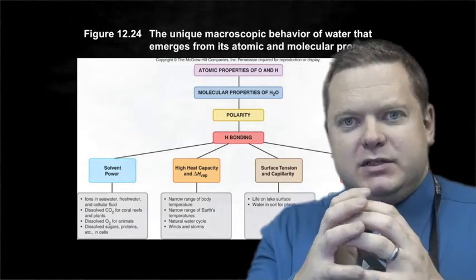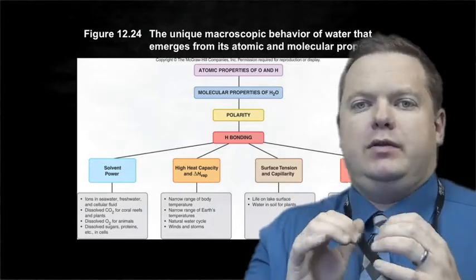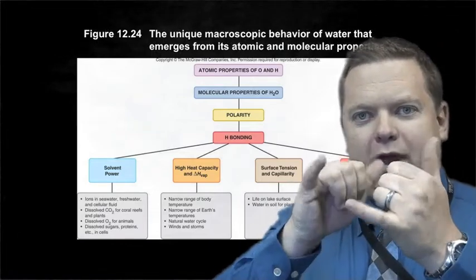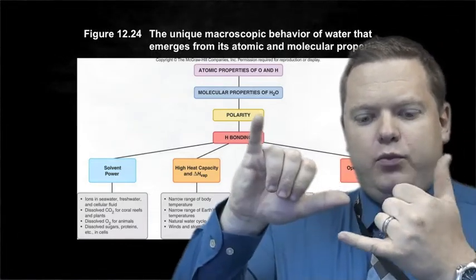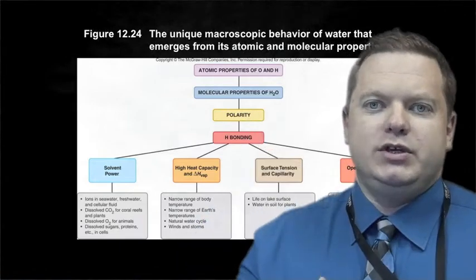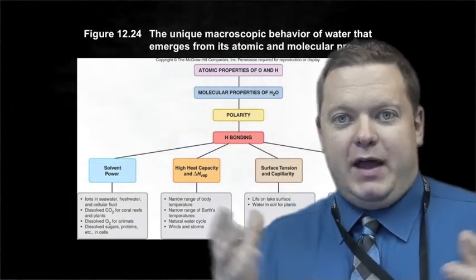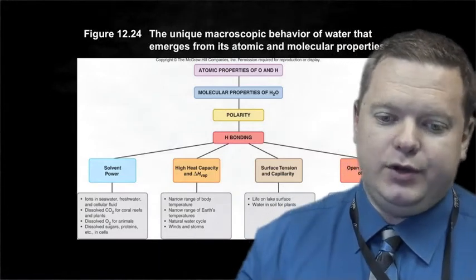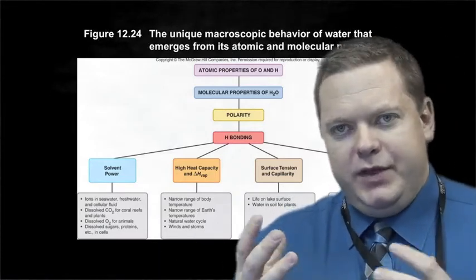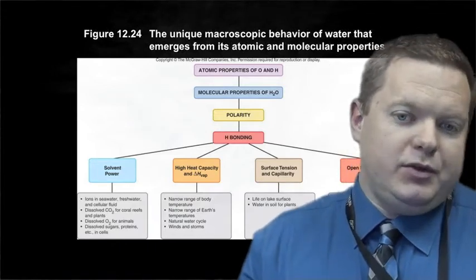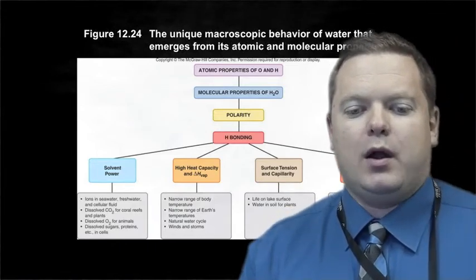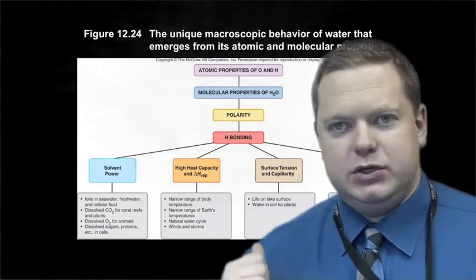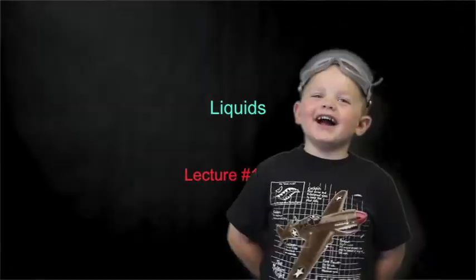When it forms that solid, because of this intermolecular interaction, this hydrogen bonding, the molecules actually form a fairly regular pattern, which is going to cause the density of that solid to be lower than the liquid, which means that ice is going to float. So this hydrogen bonding in water, along with the bent structure, is really allowing water to play a pivotal role and have a lot of special properties, as you can see in this chapter.